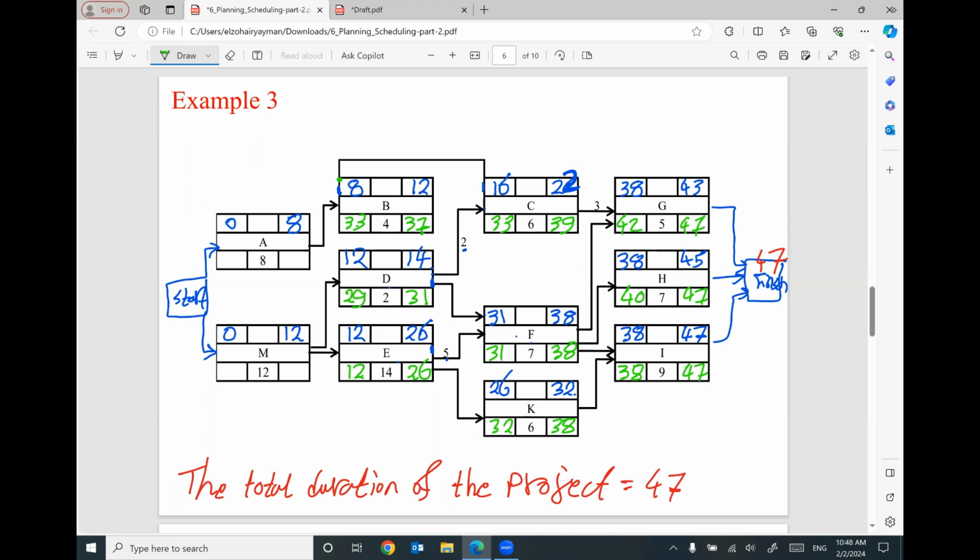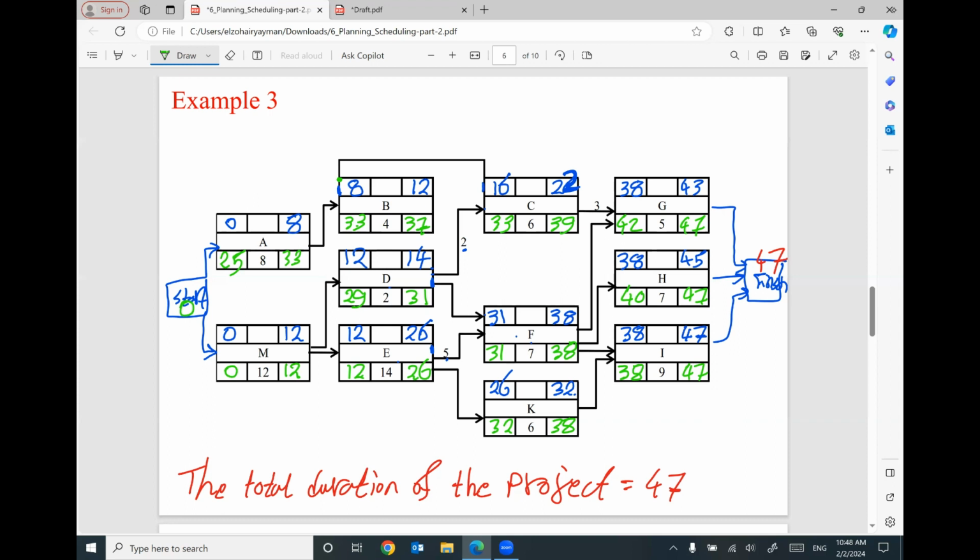For activity A, we have one arrow coming back, 33 minus 8 will be, I think, 25. For activity M, we have two arrows coming back, one was 29, one was 12. So I'm going to use the smallest number, 12. Minus 12 will be 0. So 0 is the first start of the project.